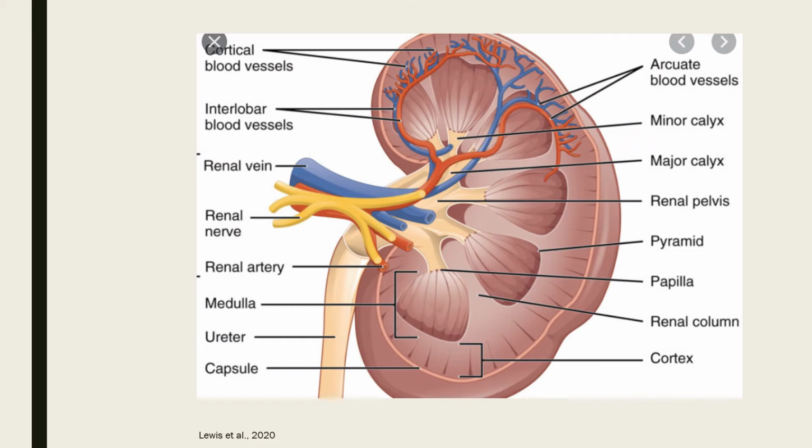Each kidney has millions of nephrons, and the nephron is the functional unit of the kidney. And as you all know, our urinary system is very important in excretion, filtration, and absorption of toxins.